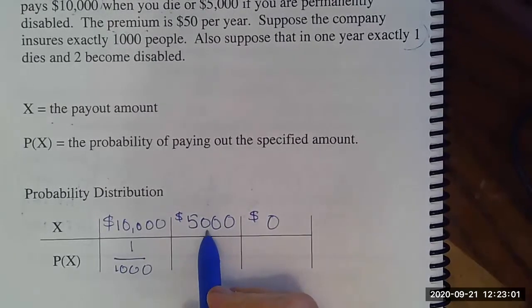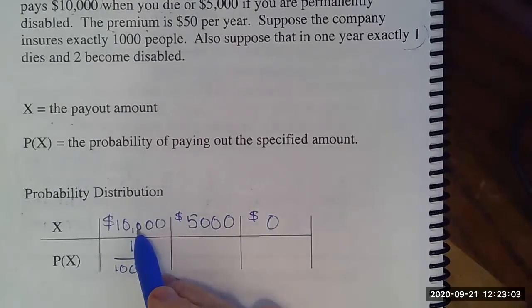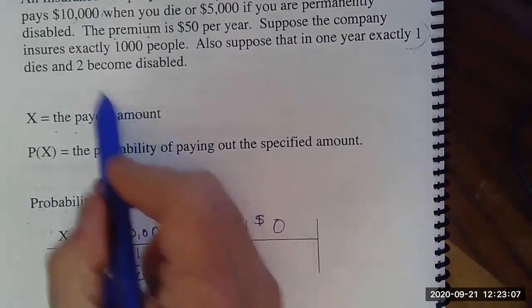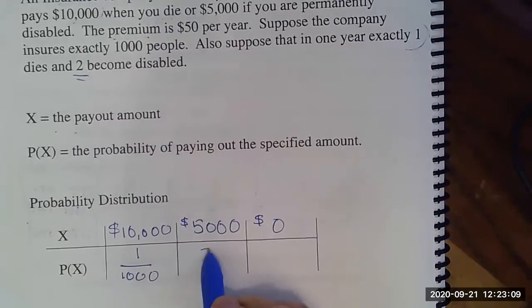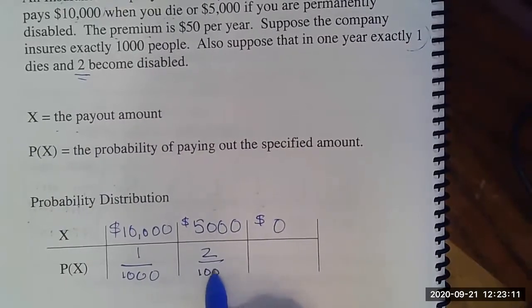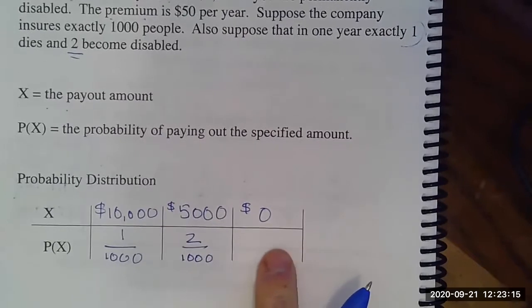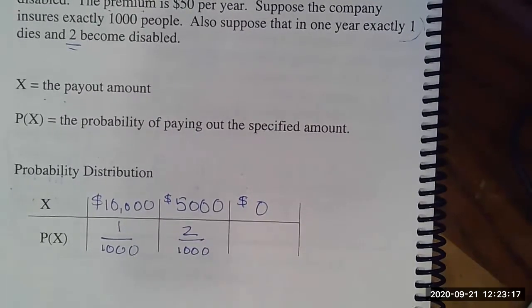Okay, so that's the life insurance, or death insurance. This one's the disability, and it says 2 people became disabled, so it's 2 out of 1,000. And how you go about finding this is just called the leftover, and we've done that before.